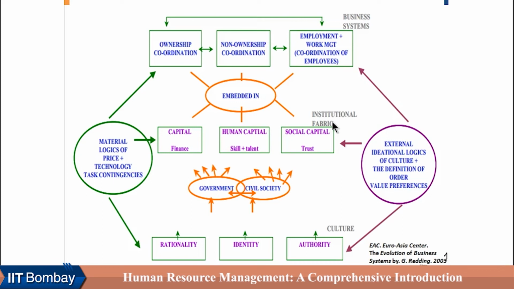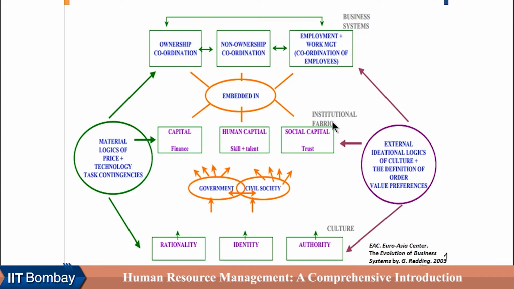They are embedded in financial capital, human capital and social capital. Financial capital is availability of money, human capital is availability of skill and talent, social capital is the trust in the society, trust in the governance, trust amongst the people themselves.